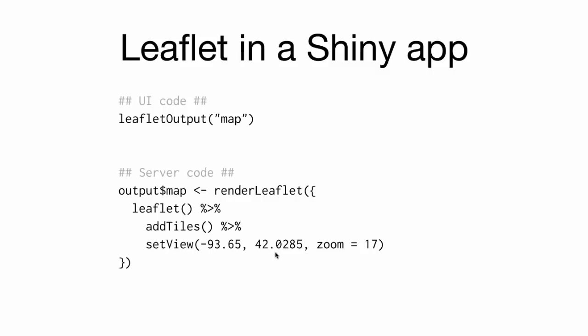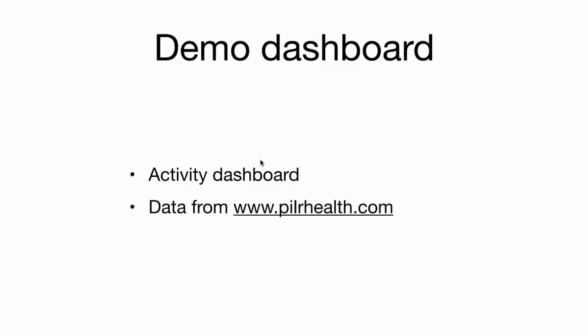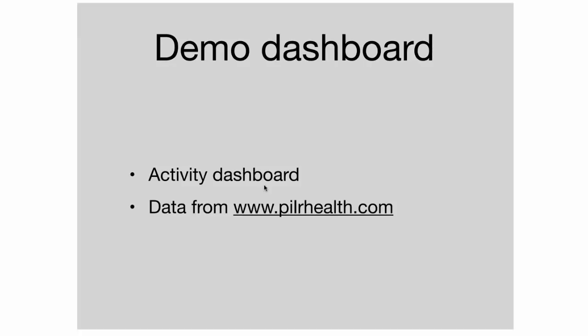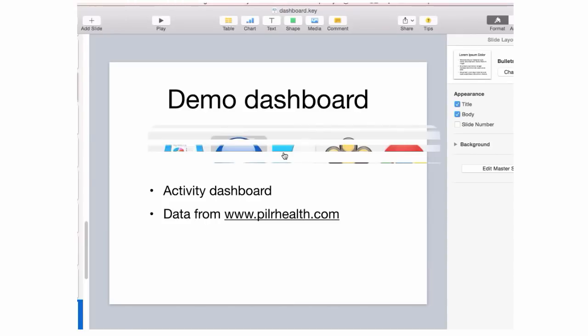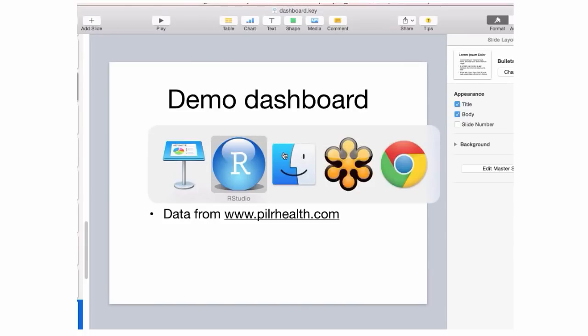Okay, so I want to show you an example of putting this all together. So I want to show you this demo dashboard. It's using data from a company called Pillar Health. One of my friends works for them, and they have a cloud platform for data collection and managing health data that comes from mobile apps and wireless devices.